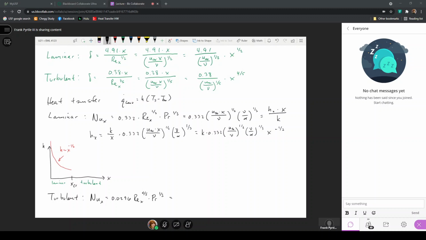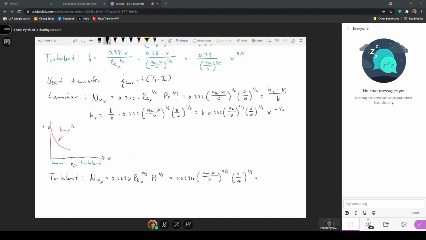If I make substitution for the Reynolds number and the Prandtl number here, this expression becomes 0.0296 times the free stream velocity times x over the kinematic viscosity to the 4/5 power times the Prandtl number, which is the kinematic viscosity over the thermal diffusivity, lowercase alpha here, to the 1/3 power.